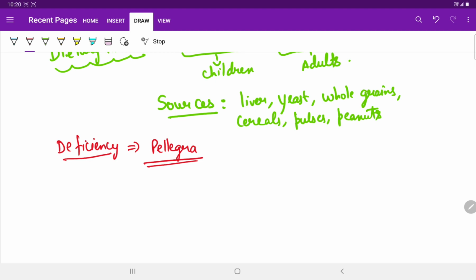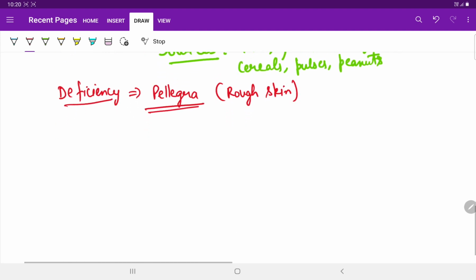Now this pellagra is a niacin deficiency condition commonly referred to as rough skin characterized by dermatitis. So the main clinical symptoms are 3 Ds.